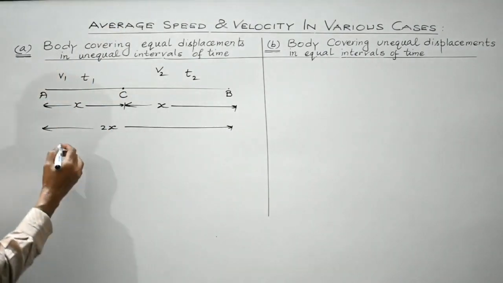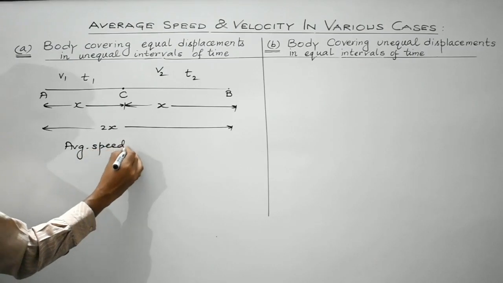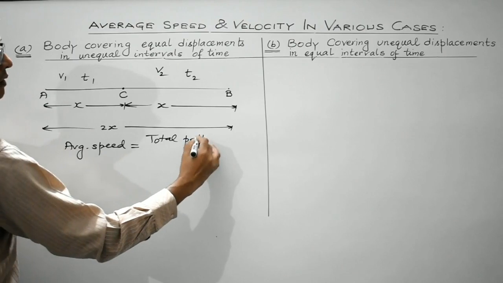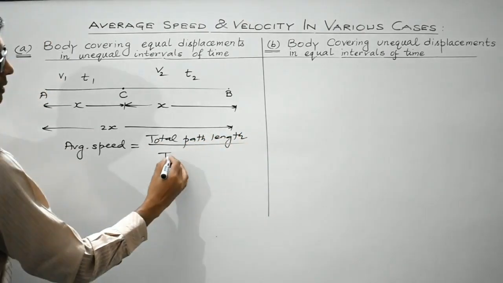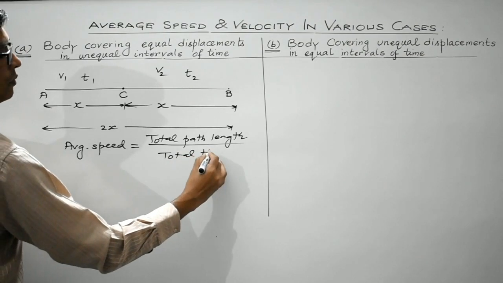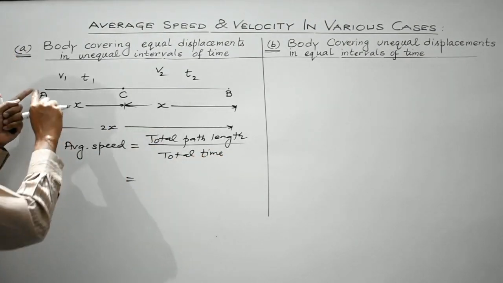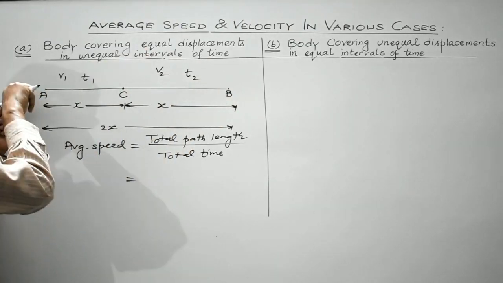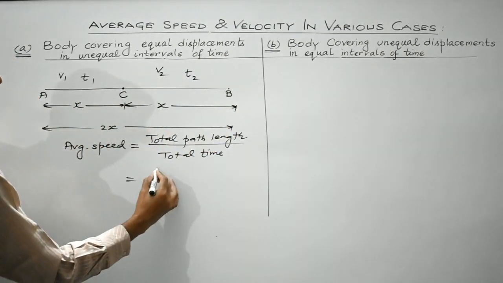So let's find the average speed. Average speed would be total path length divided by total time. The total distance covered by the body from A to B would be x plus x, that is 2x.